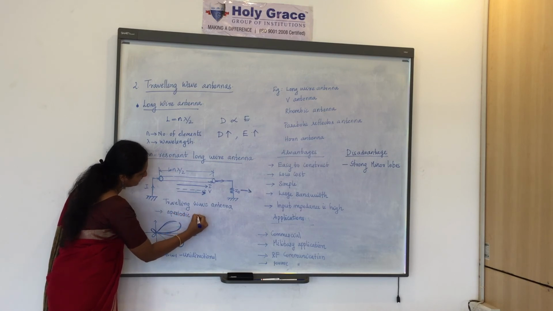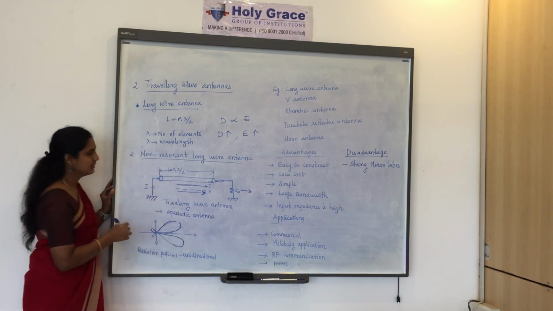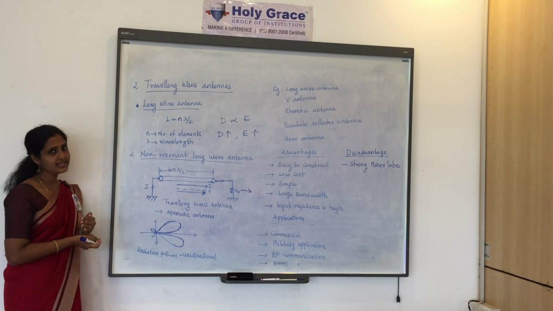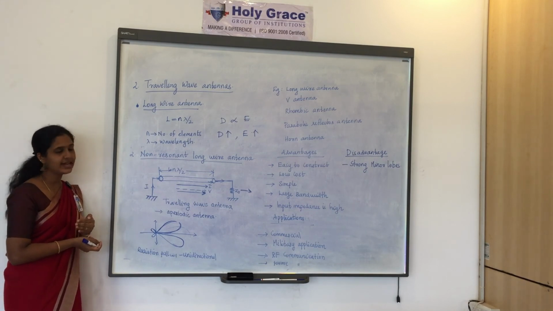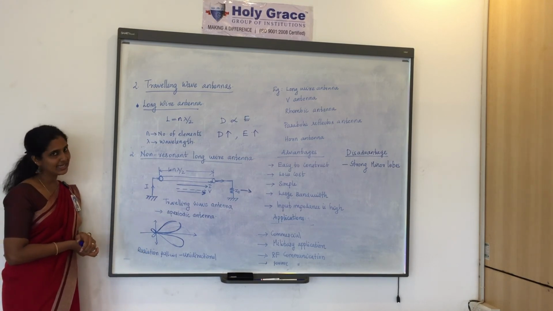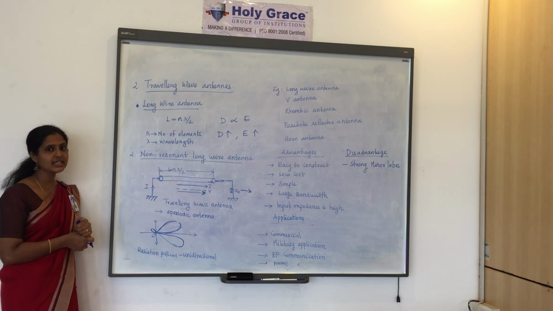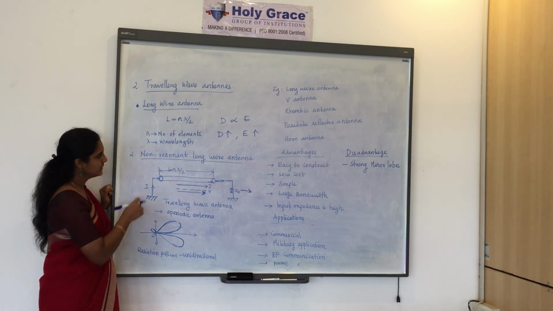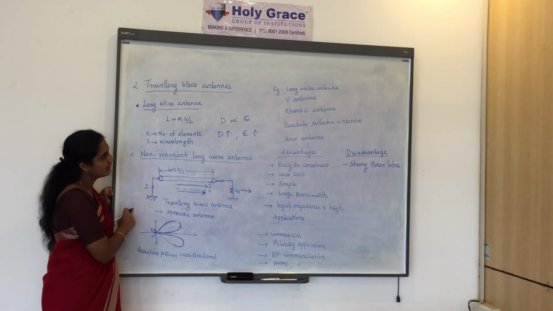There are no standing waves, voltages and currents are in phase, there is a terminating resistance with the characteristic impedance Z0, and the radiation pattern is unidirectional. In the case of the resonant antenna, it is a bidirectional pattern. So this is all about the traveling wave antenna.